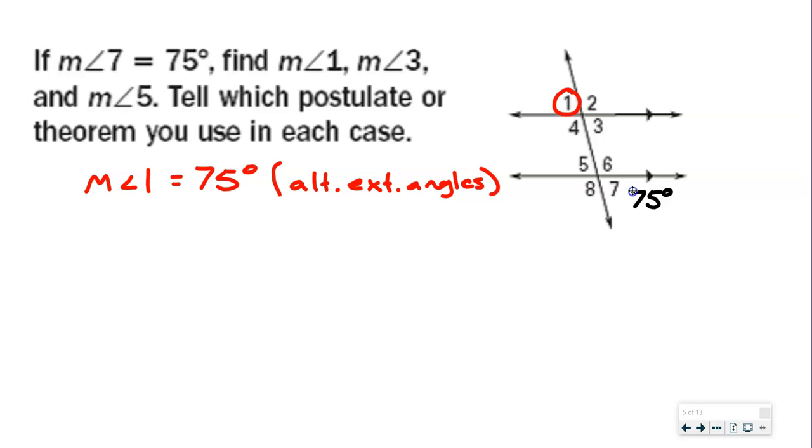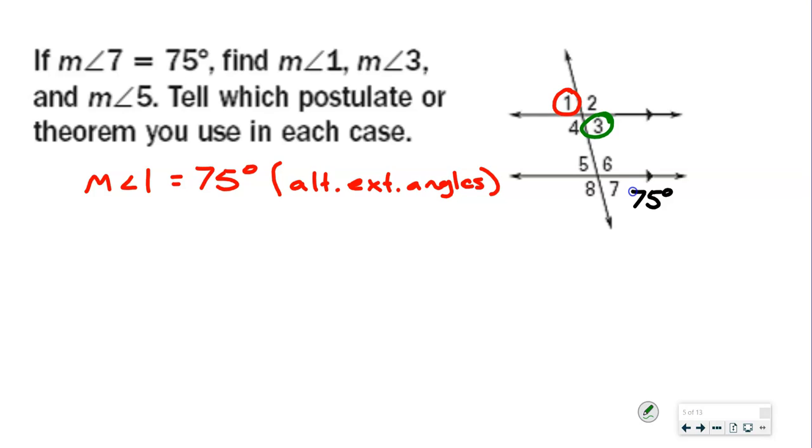And then we see angle 3 is right there, and its relationship to angle 7 would be corresponding. It's in the same position on the parallel line, same side of the transversal.